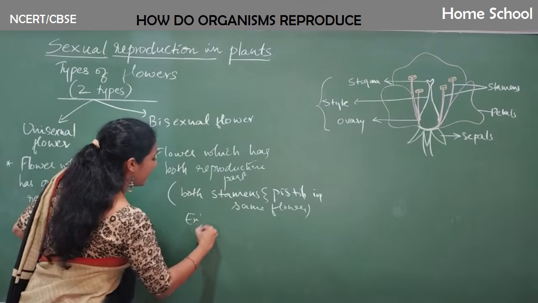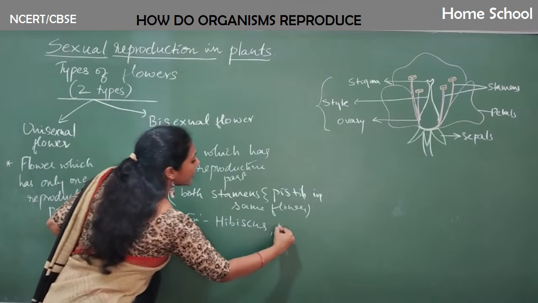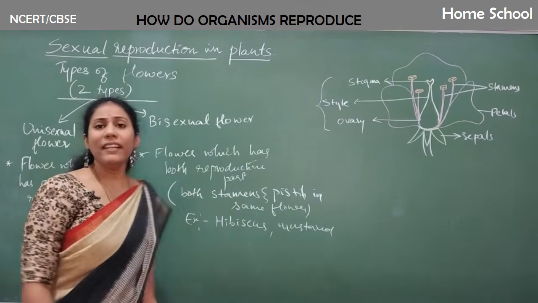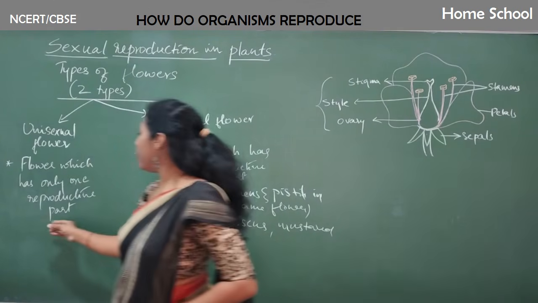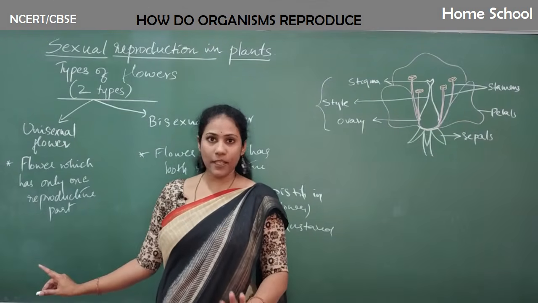For that, the example is hibiscus, in other words China rose, mustard flower, and many others. And coming to the unisexual flower, as I already told you, only stamens would be there or pistil would be there.